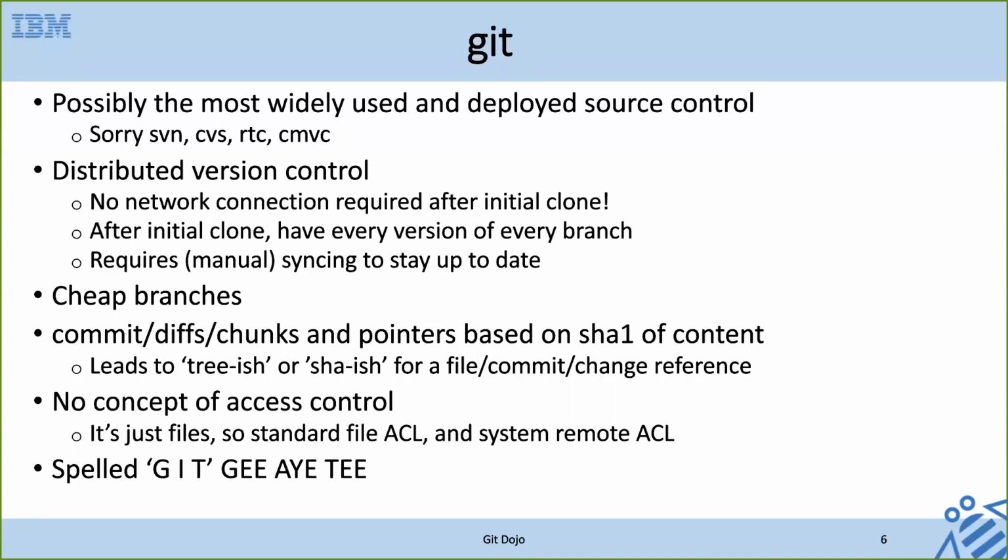The default Git repo, if it's exposed on the internet, anybody can push and pull to it. It takes access control around that, through SSH or GitHub or something else, to actually control it.